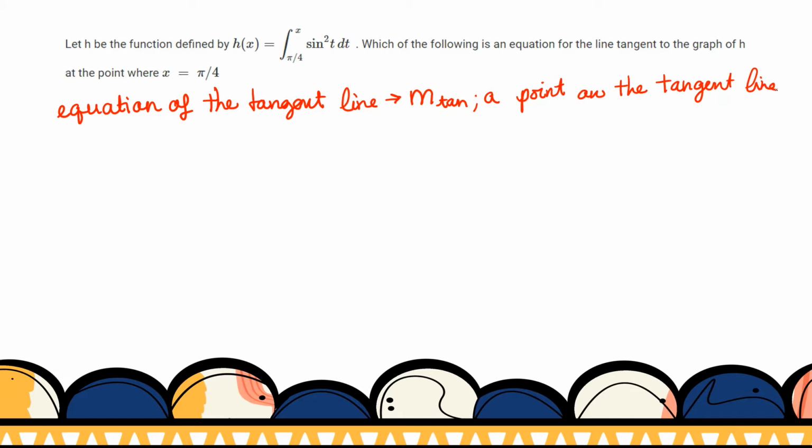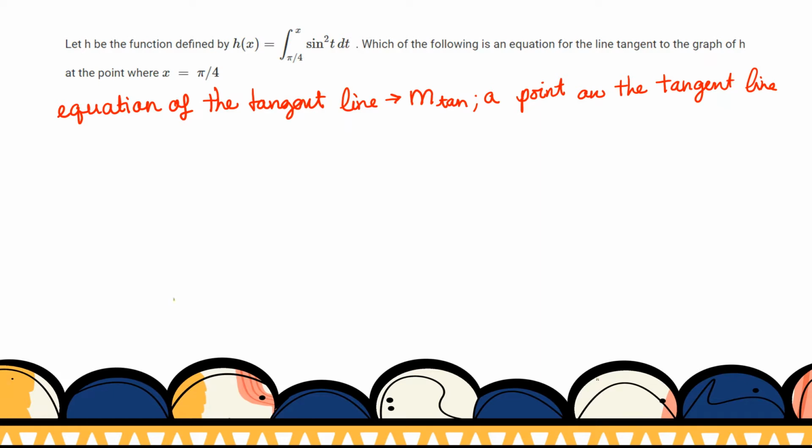Because the AP test is multiple choice, it's possible and even probable that you can solve these questions without finding both parts. So when you can save yourself time, I highly recommend that you do so. So let's start by finding the slope of the tangent line, and then we'll compare that to our answer choices.